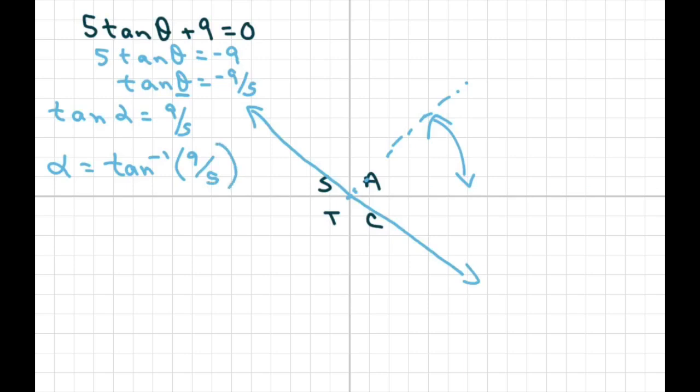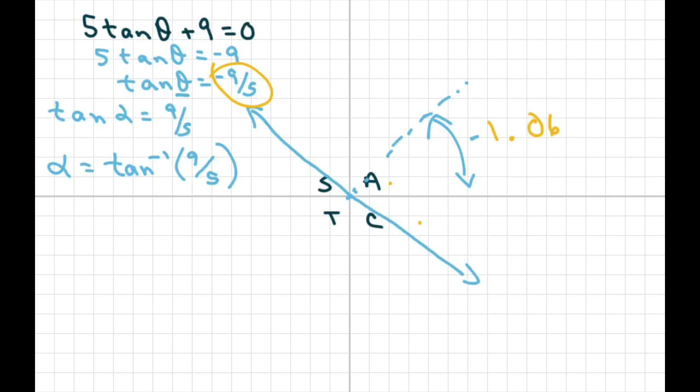And that's going to be this part right in here, which is approximately 1.06. But we want where tan is negative, which is tan is positive in 1 and 3, so it's negative in quadrant 2 and 4.